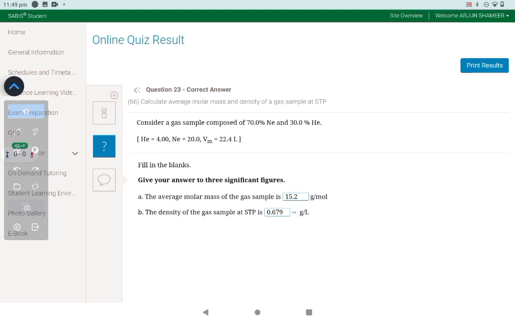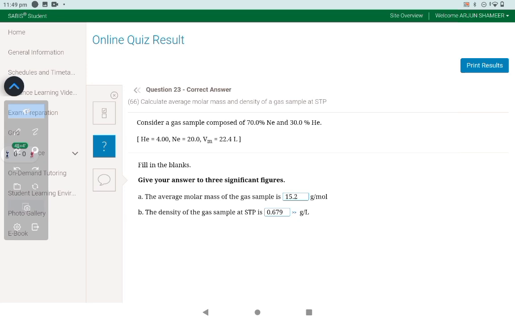Consider a gas sample composed of 70%. Okay. The average molar mass of the gas sample is, now, to find molar mass, once again, like I said, we have to take 70% as 0.7 and 30% as 0.3. Now, to find molar mass, we multiply the 0.7 by the molar mass.